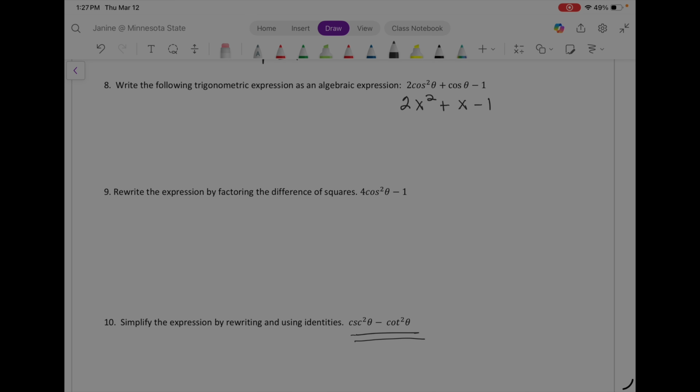It's just saying, hey, take a look at this and see if you can see it as an algebraic expression, okay? If you can see it as an algebraic expression, think about what you could do with it. Like, oh, I see that I could factor this. 2x minus 1 and then an x plus 1 will give me the same thing.